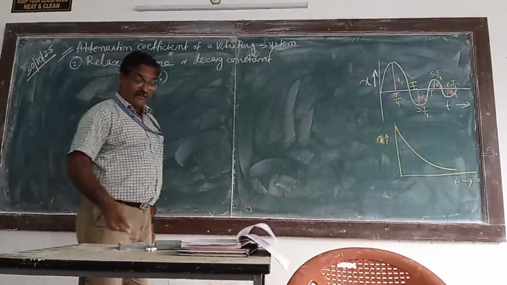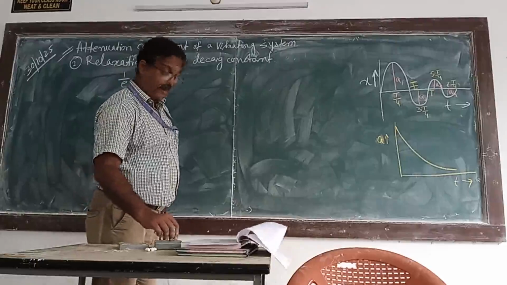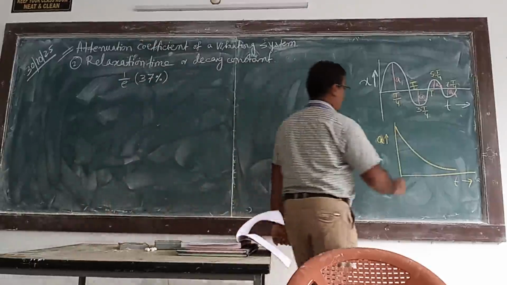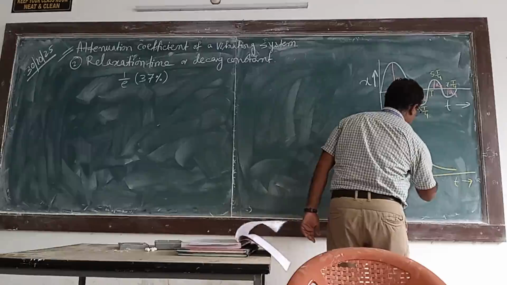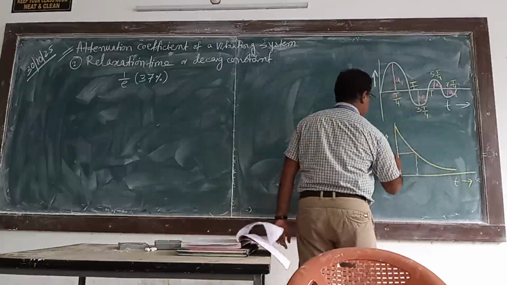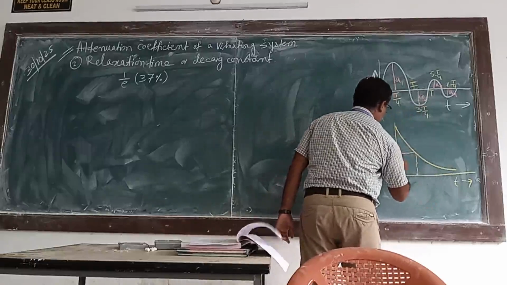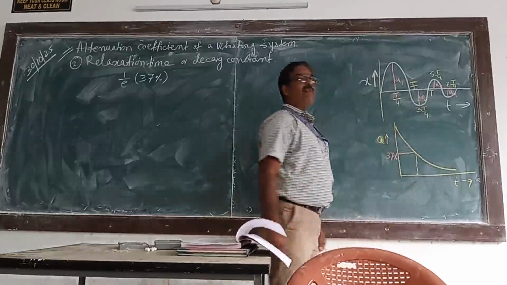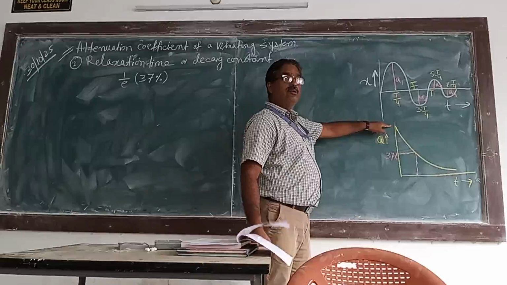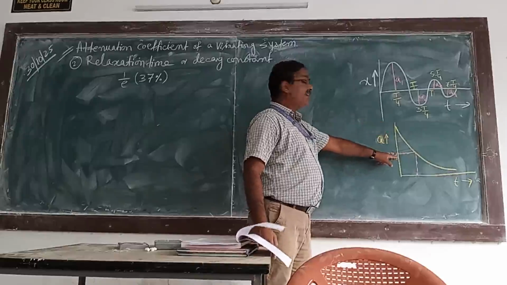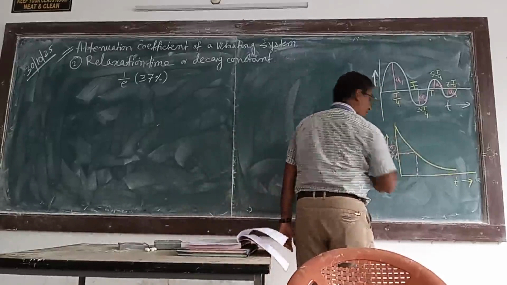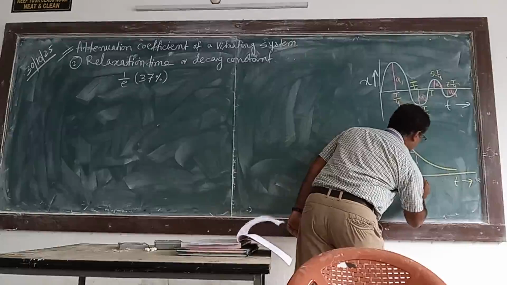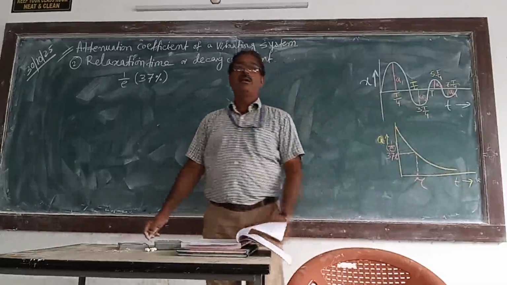According to the definition, the time at which the amplitude decreases to 1 by e, that is 37% of the initial value, this is the initial value, somewhere it comes at 37% or 1 by e, and this time is called tau, the relaxation time.